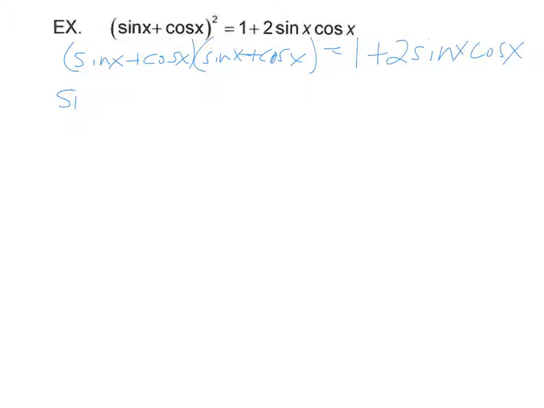First would be sine squared. Sine times sine is sine squared. The outside would be sine cosine. The inside would also be sine cosine. So I have a total of 2 sine cosine. And then last would be cosine squared.